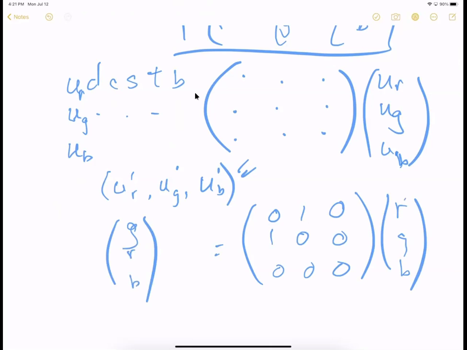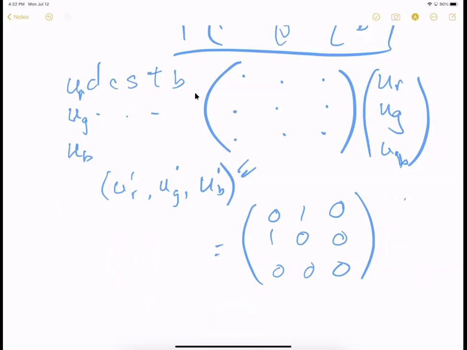So if we start with just a red quark, suppose we have nothing here, you're going to end up with nothing here, and you're going to end up with something in the green. So like 1 here gives you a 1 there. This is an awful mess. Let me clean it.